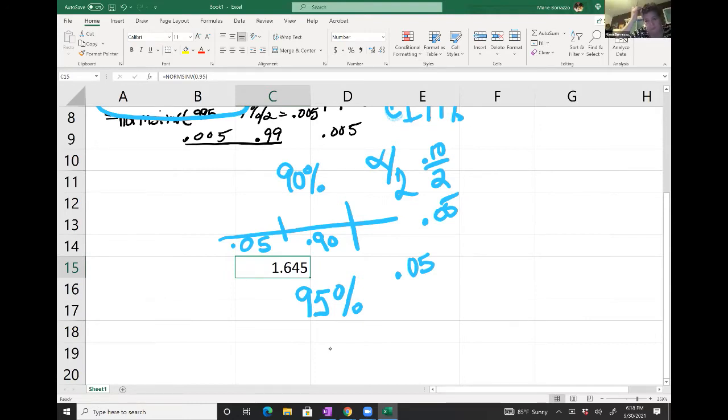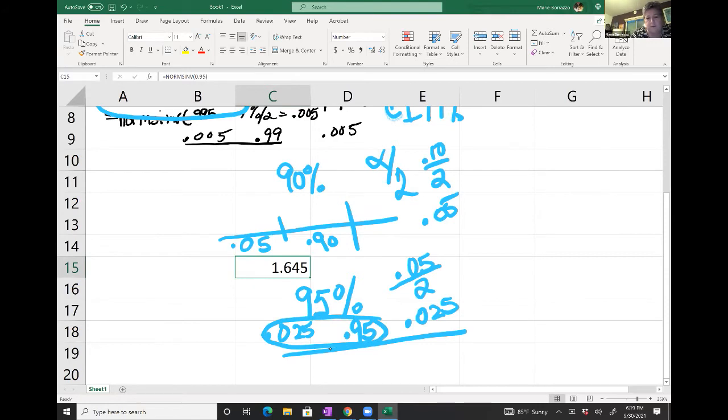Divided in half, that means 0.025 on the right, 0.025 on the left, and in the center, 0.95. So when I look at the normal distribution, I'm adding those two together, which comes to 0.975. That's never going to change. Once you know it, you know it.